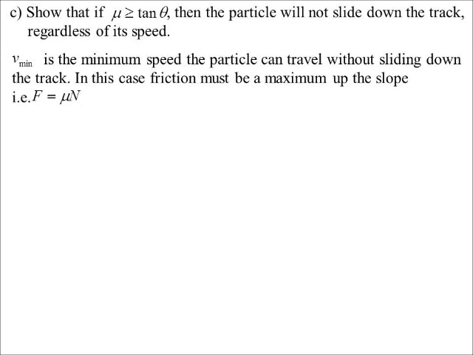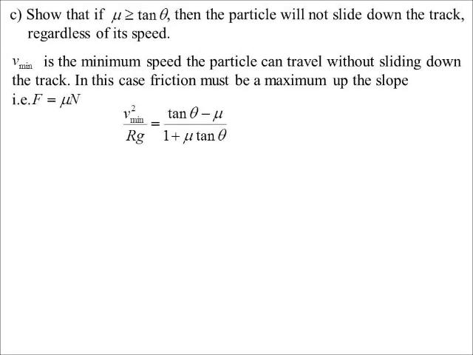We'll have exactly the same formula, except the sign will change wherever we had the mu n, which means I should end up with tan theta minus mu on 1 plus mu tan theta, because the sign of the friction has changed. So that's v squared minimum. They're telling us mu is greater than or equal to tan theta.